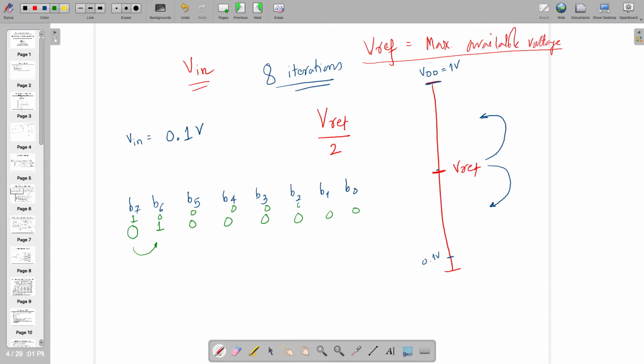In this first iteration, when I kept this as 1, it's Vref by 2, so it's measuring whether 0.1 volt is higher than Vref by 2 or lower than Vref by 2. So it's 0.5 volt, which is actually lower.